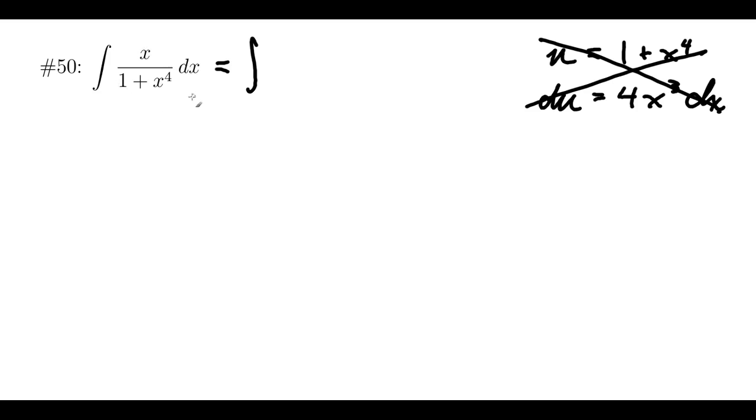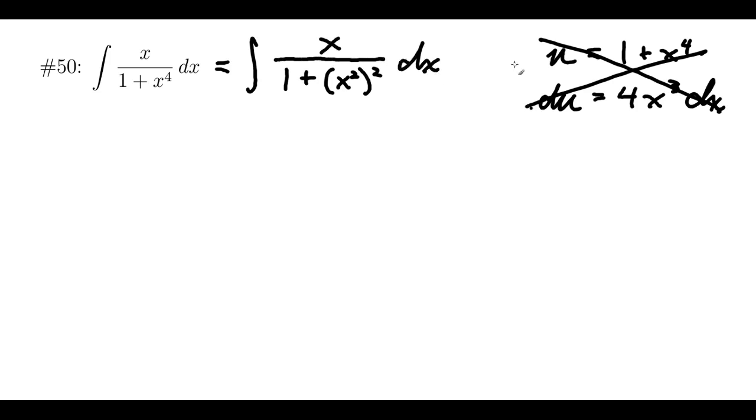Ignoring the x for a moment, this denominator of 1 plus x to the fourth, we have 1 plus that x to the fourth. Now, 1 plus x to the fourth isn't exactly a pattern that you are expected to know, but x to the fourth is a perfect square, right? And 1 plus something squared in a denominator should feel kind of familiar.